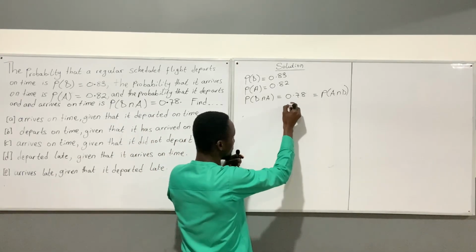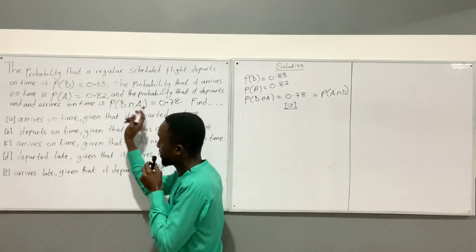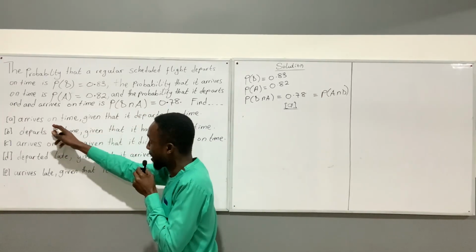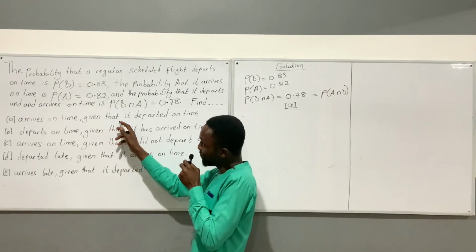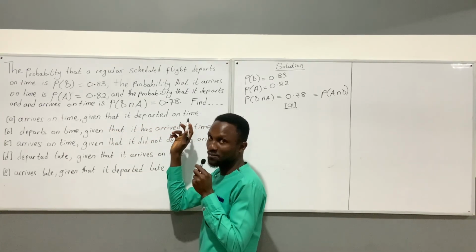So let's find A. It says find the probability that a plane arrives on time, given that it departed on time. That is very simple.